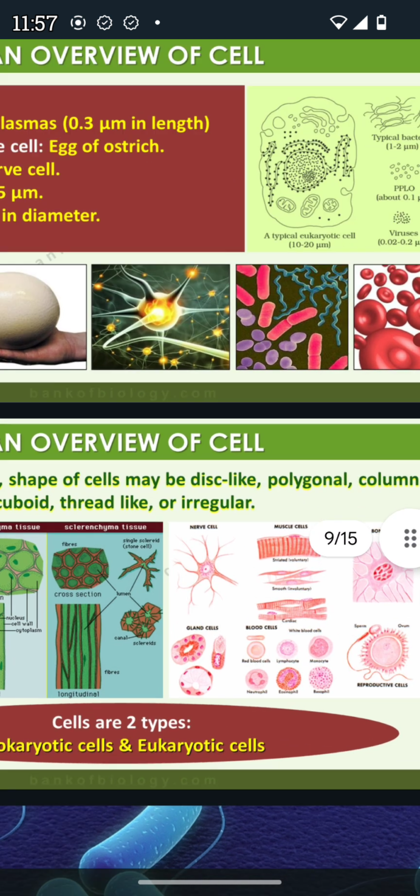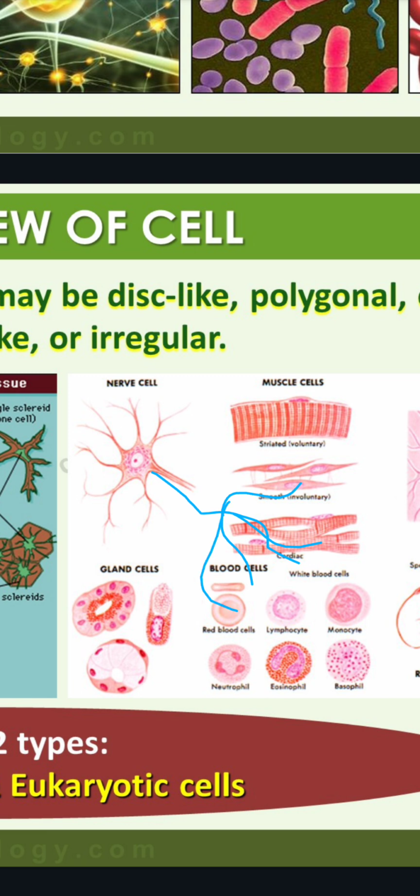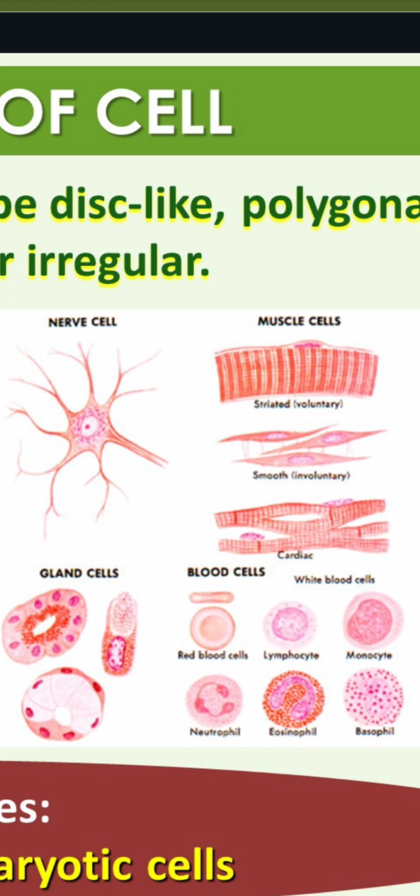For example, nerve cells are long. Why are they long? Because they need to transfer messages. If they were small, they couldn't easily transfer the message, hence they are long. Muscle cells are small in size and stretchable, flexible, because we need to move our arms and limbs all day.